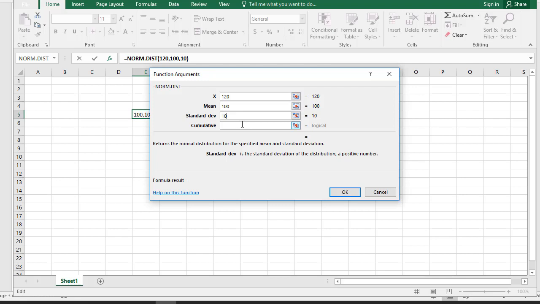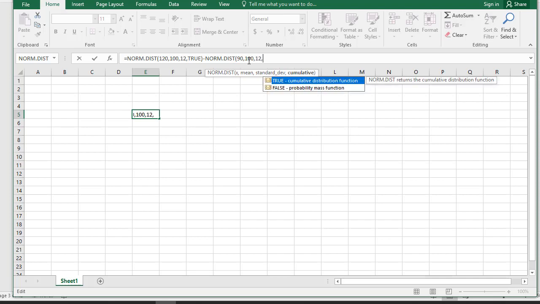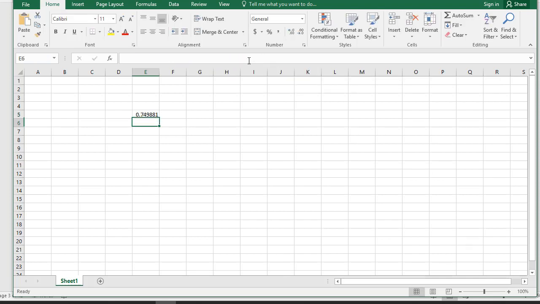Standard deviation was 12, and it would be cumulative. I can see that value that's there. I'm going to click up here and say subtract. I can start to type normal dist, double click. The data value, sorry, was 90, comma, the mean was 100, standard deviation was 12, and I want that to be cumulative as well, and there's the 0.7499 again.